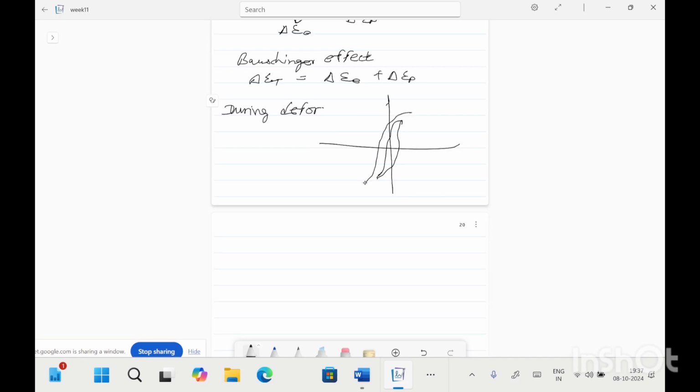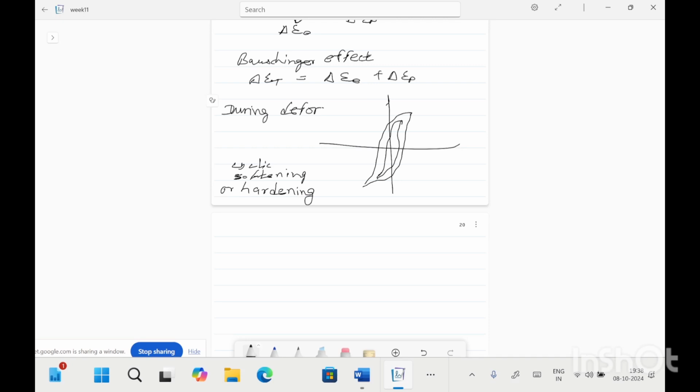Depending on the material, with cyclic loading and unloading, one material can soften and one material can harden, meaning there can be cyclic softening or cyclic hardening.